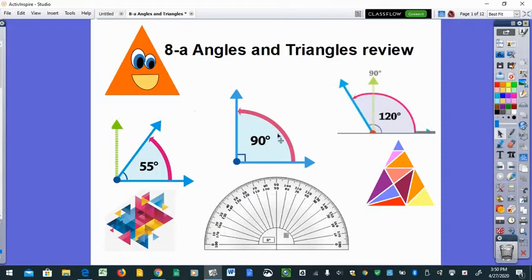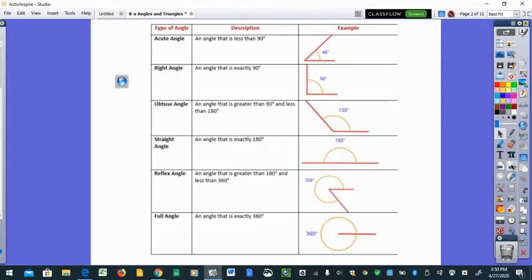So we're going to talk a little bit about these angles again. Let me show you the next slide. And here are some of the names. Remember that an angle that is less than 90 degrees, a number smaller than 90, is called an acute angle. Acute little angle is how I think of it.